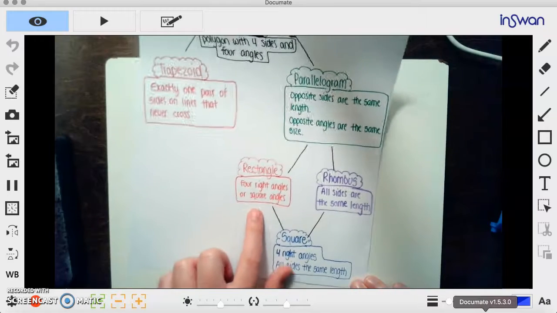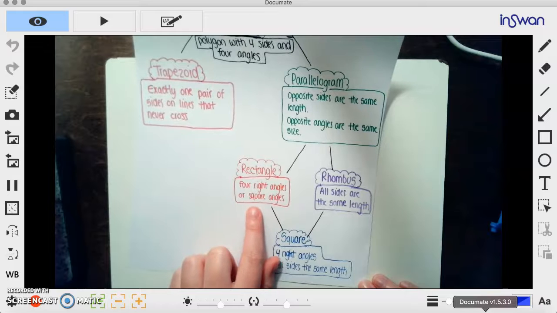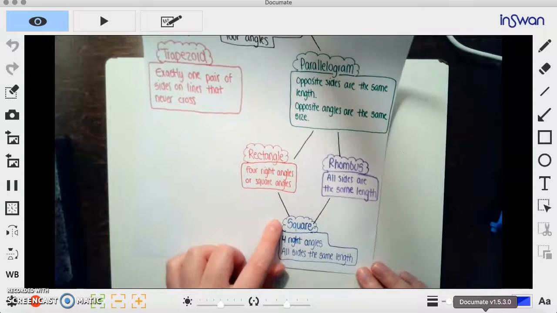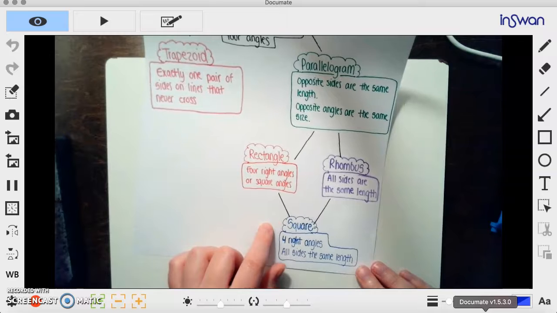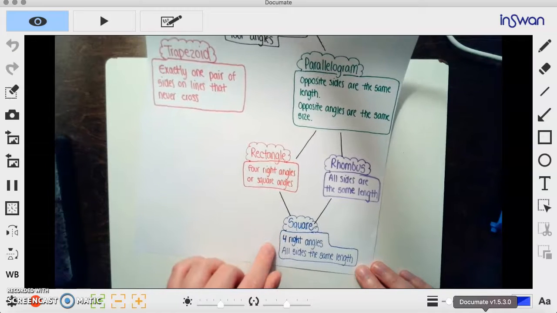So, a rectangle is a shape with 4 right angles or square angles. A rhombus is a shape with all sides being the same length. Then down at the very bottom is a square. Squares have 4 right angles and all sides are the same length.